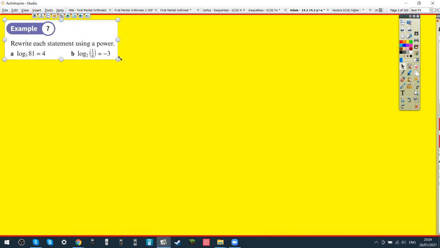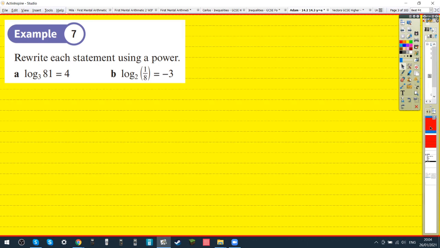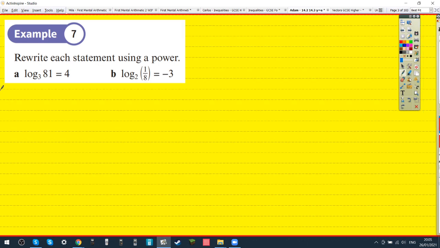Okay, and in reverse. So it'd be 4 on the left. 3 is the base, and 4 is the power.